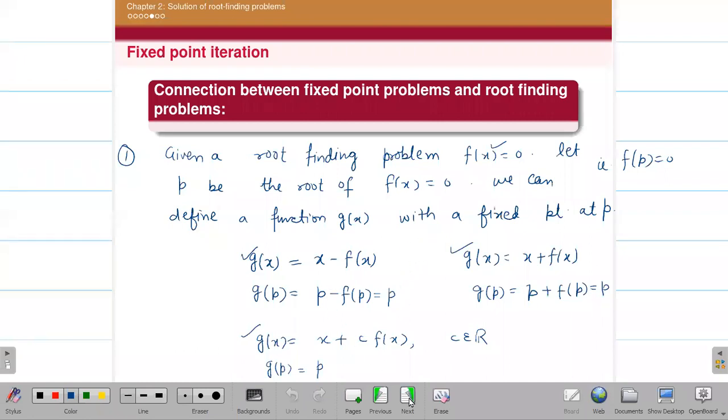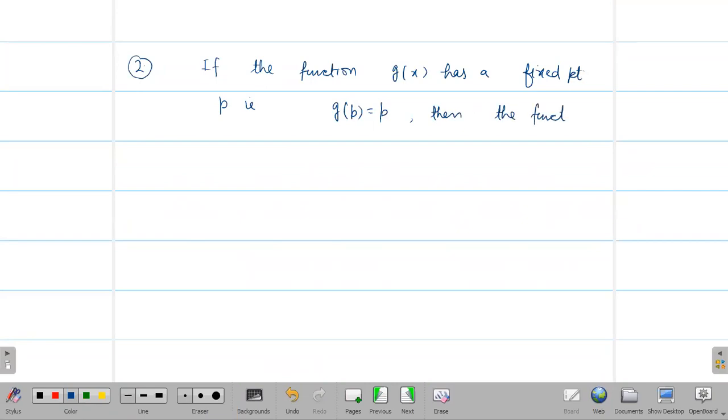So let us do the second, the opposite part of this. Means if the function g of x has a fixed point P, that is g of P equal to P, then the function defined by... can you define f of x for which P is the root of this equation?